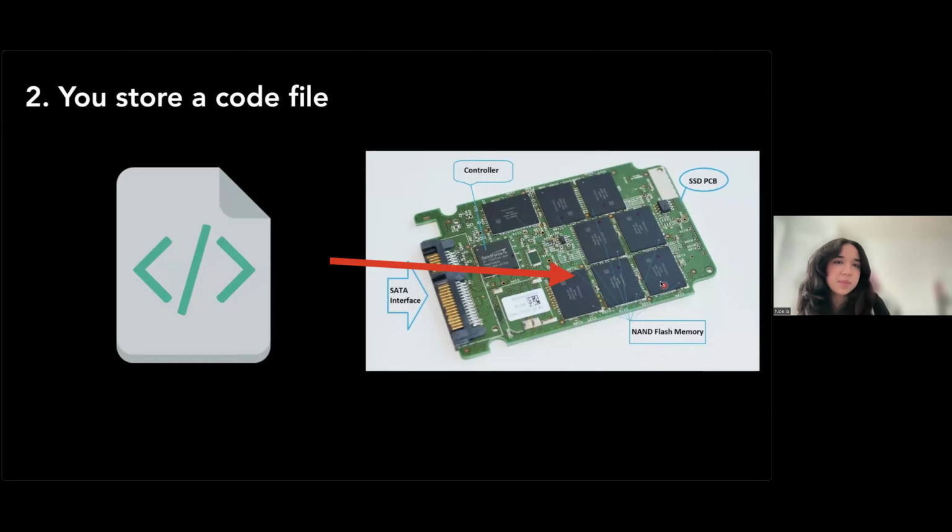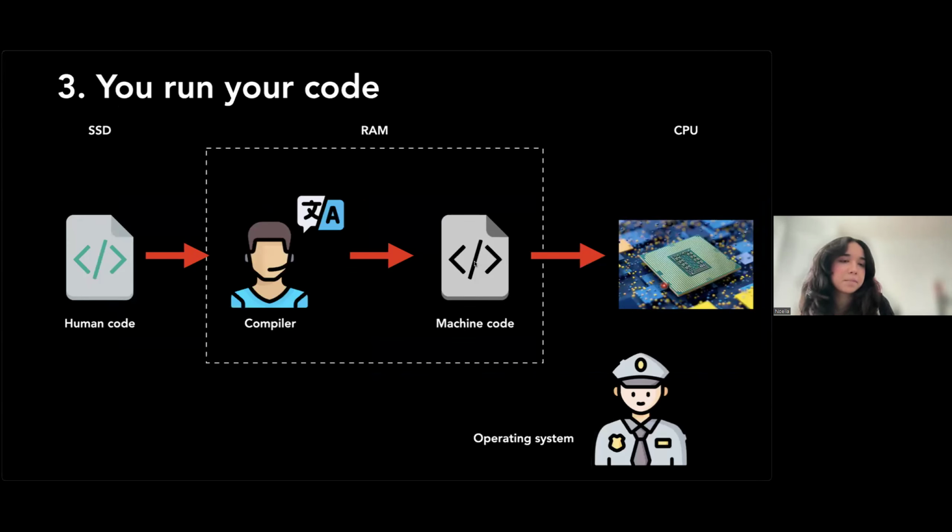Now, the third step, where the magic happens, is running the code. What actually happens is that your code, in your human-readable programming language like JavaScript, is loaded from the SSD.